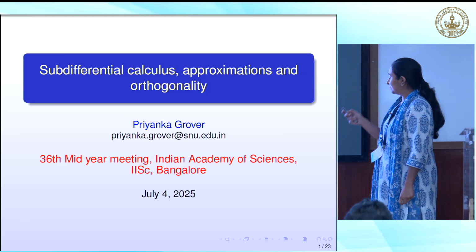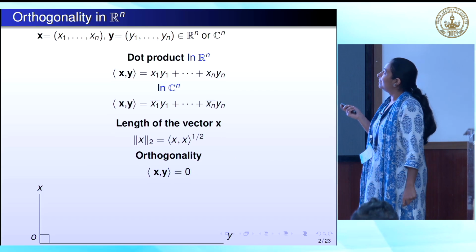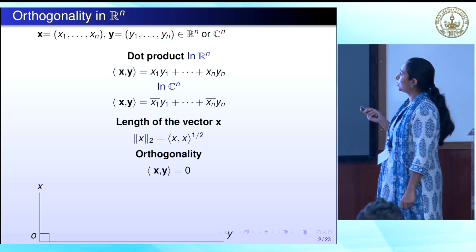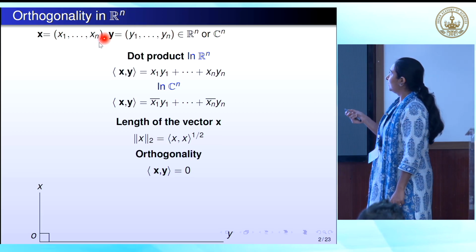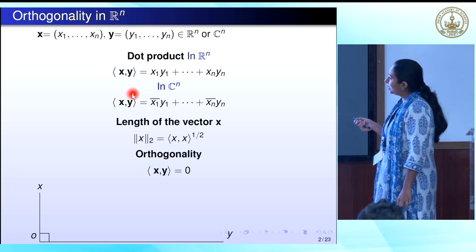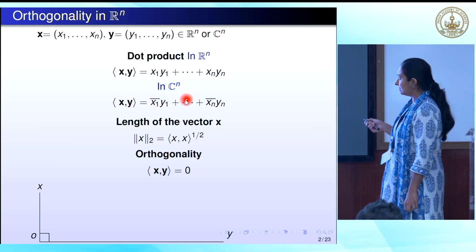So I begin with something very, very simple. We all have seen orthogonality in Rn; the dot product we understand in Rn. In Cn, we take it conjugate linear in the first coordinate, linear in the second.